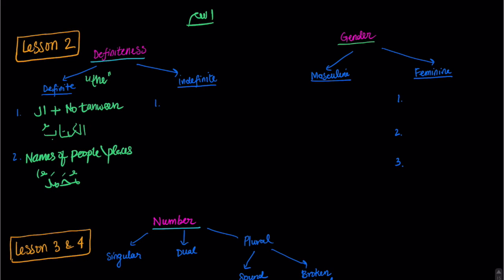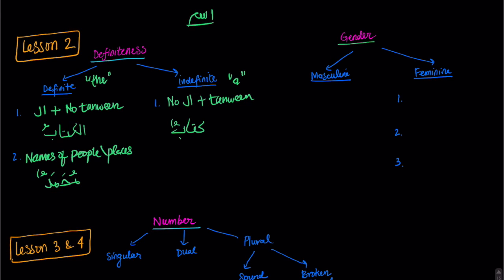So Muhammadun is definite due to it being a specific person. And then the indefinite ism gets translated with a. So if you want to say a book, you would say kitabun, and there would be no al, and there is tanween. So this is an indefinite ism.